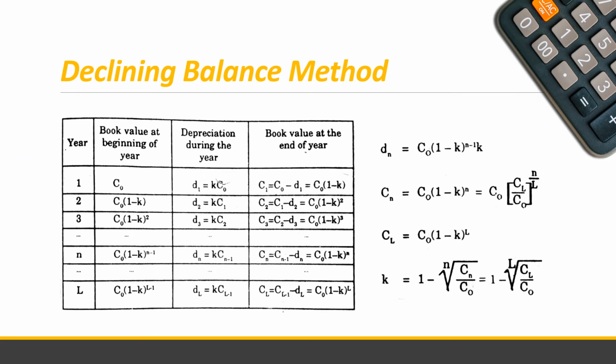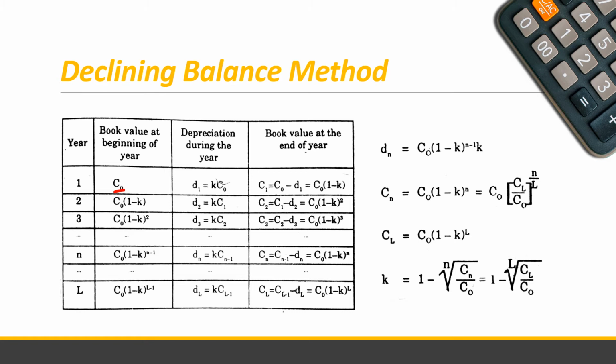Okay, so declining balance is like this. So first, at the beginning of the first year, syempre yung book value pa niya is the original cost. So the depreciation is K multiplied by C sub O. So that is a certain percentage of the cost at the beginning of the year.